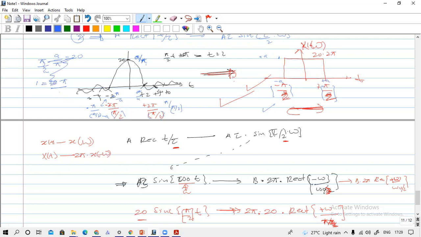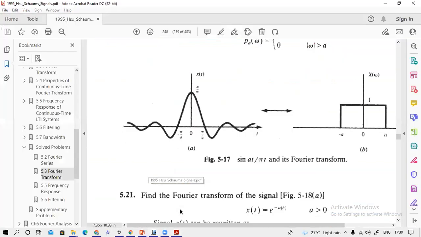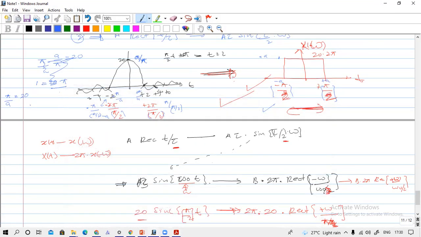Here it is 5 by A, but instead of 5 by A we have 20. Here we have only 1. If this is A5, you have only 1.